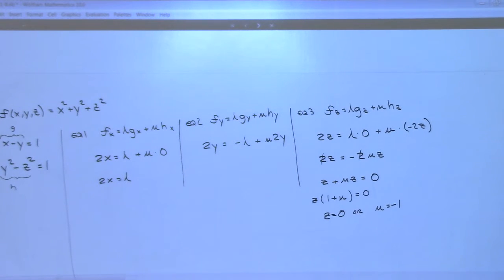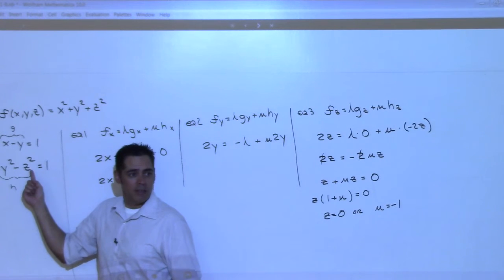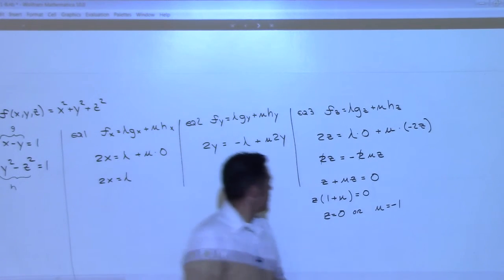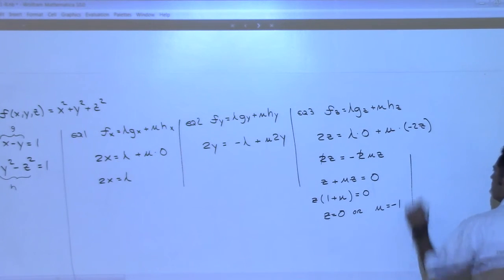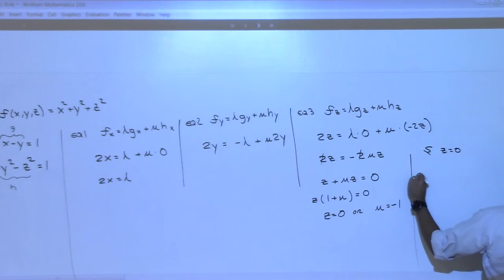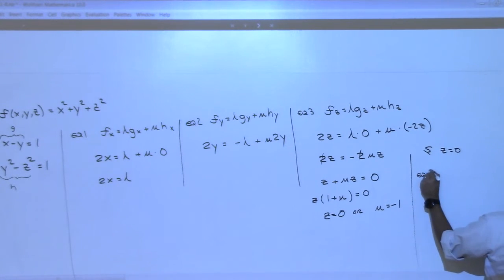Let's go with z being 0. Yeah, so if z is 0, we can go get y. And once we have y, we can go get x. So suppose that z is 0. Then equation 5 tells us what?